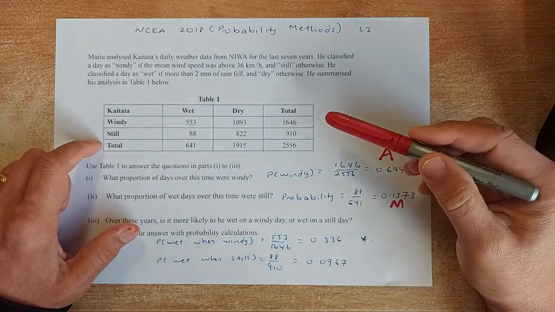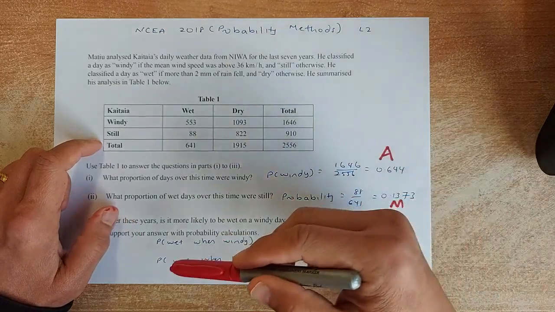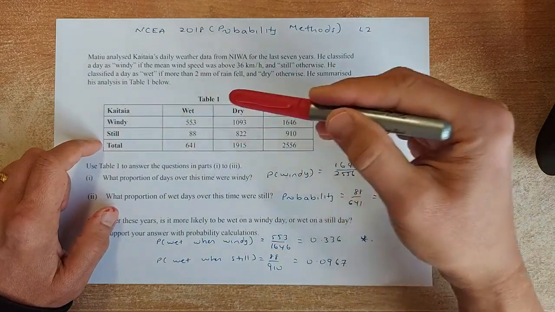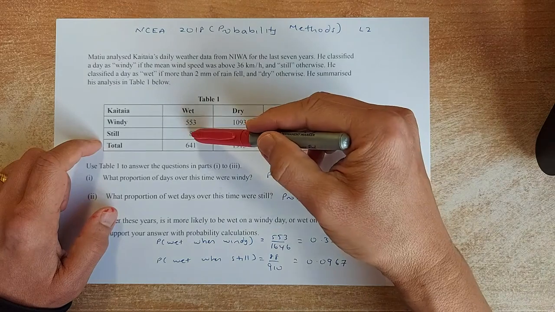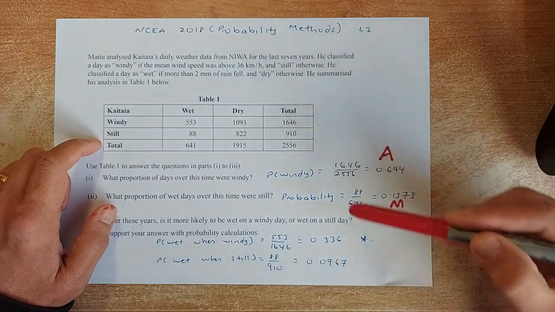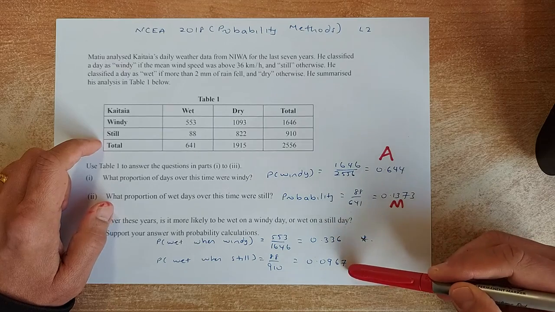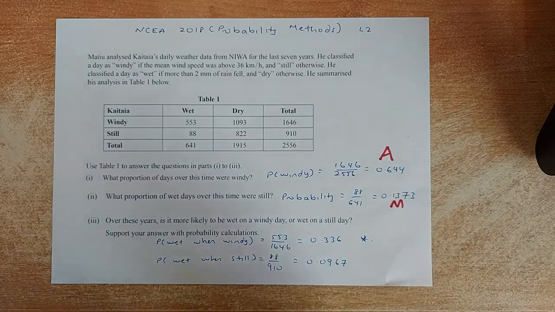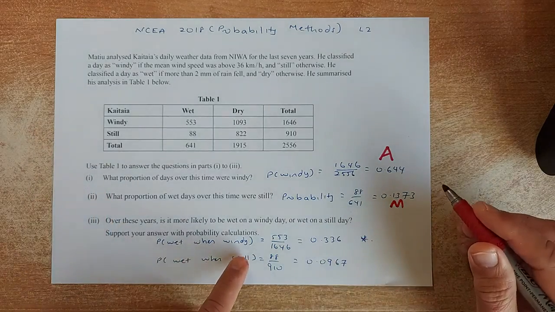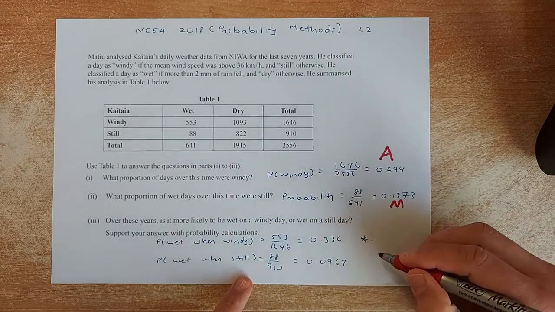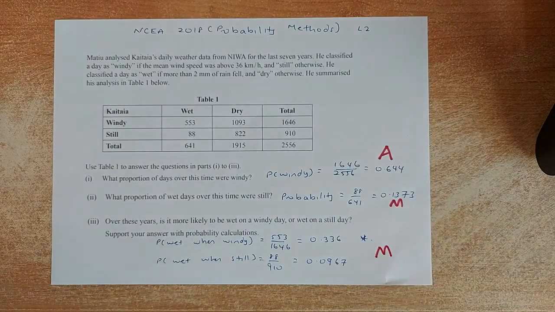Wet when it is a still day is 88 out of 910, which is 0.097. So this probability is bigger than that. So it is more likely to be wet when windy, and that will give you a merit. So it is more likely to be wet when windy.